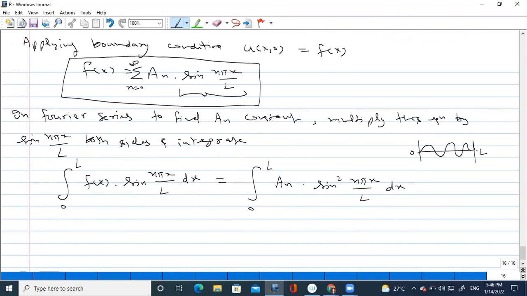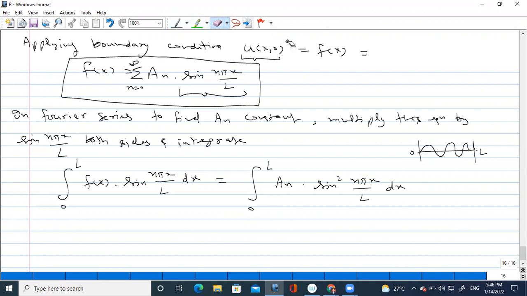In the boundary condition it will be given in the question, but as per the condition u(x,0), this f(x) is coming from here. When they give this condition, f(x) will be given something. That we have to take on the left hand side.